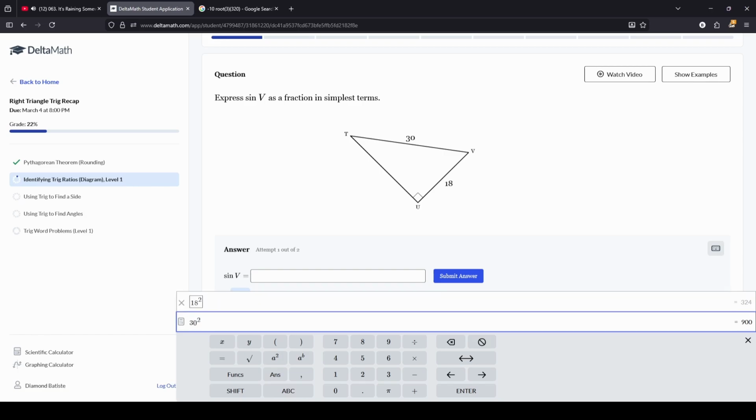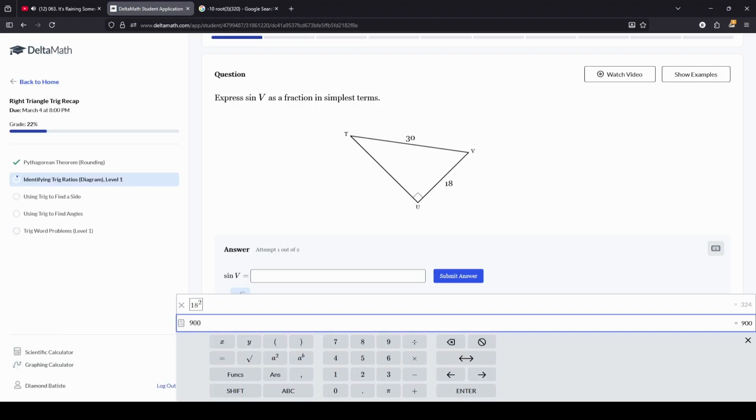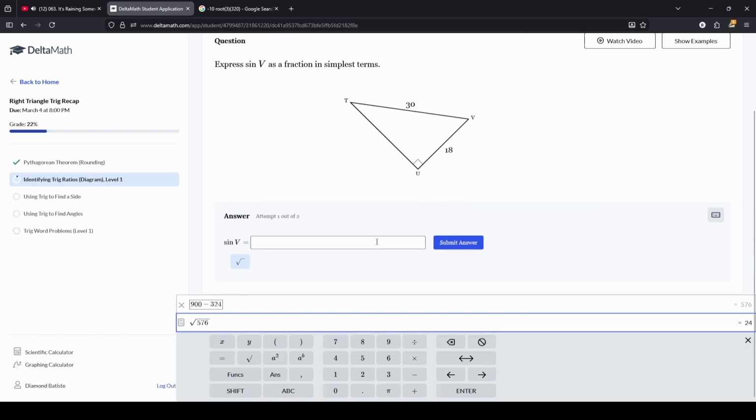I don't care how simple the math is, I'm still not doing it. Okay, so 900. Yep, that works. And then we minus it by 324, which is 576. Then we put in this, 576 again. 24, okay.